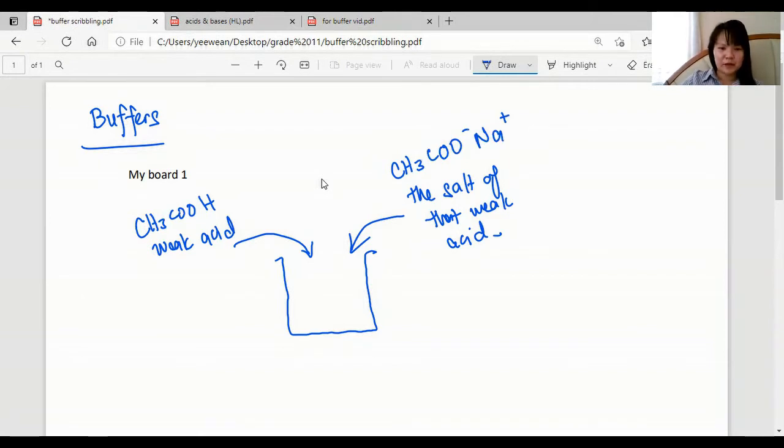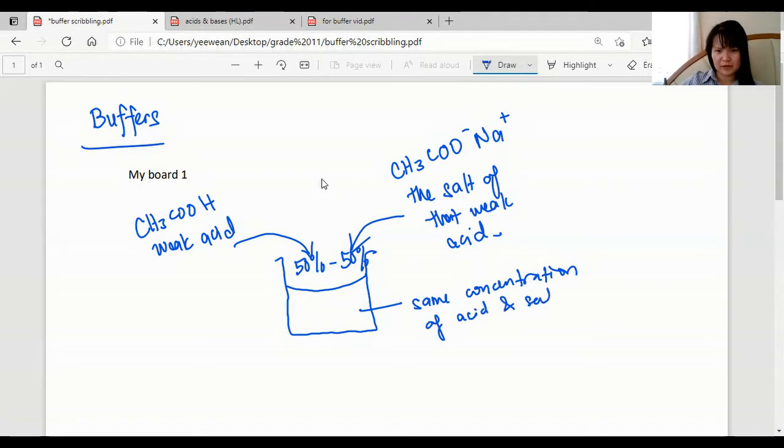If we were to put in a 50-50 ratio here in moles, so their concentration would be the same, that would give us the best buffer.